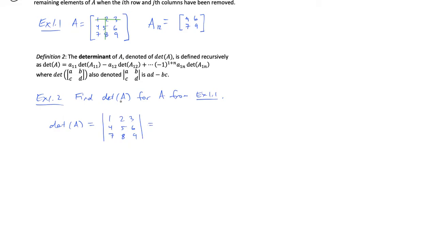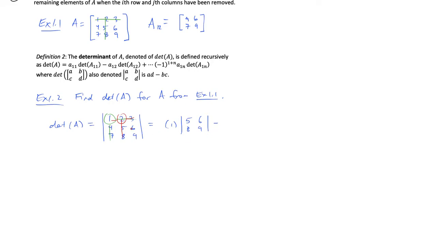Okay, so we take the first row, and we take the first element of the first row, and we delete its column and row. And so we take that first element and multiply the determinant of the submatrix 5, 6, 8, 9. Then we alternate sign. Take the second element of the first row, which is 2.